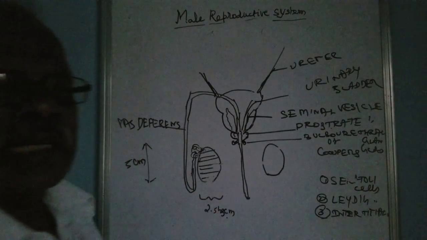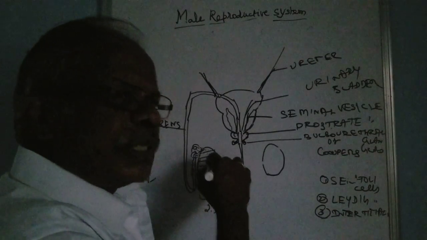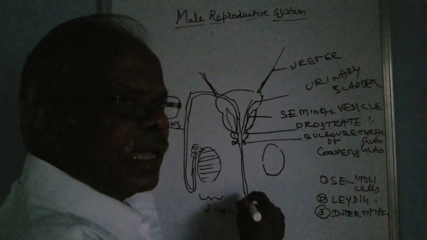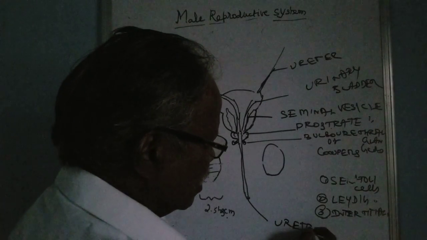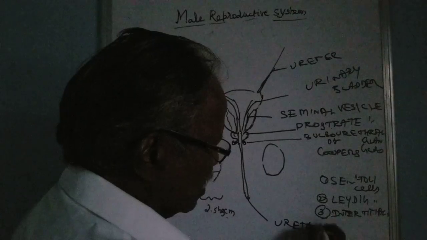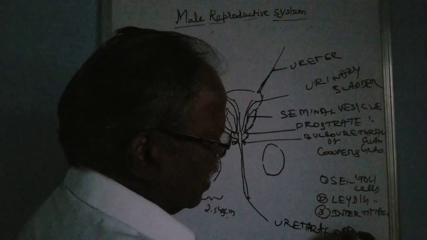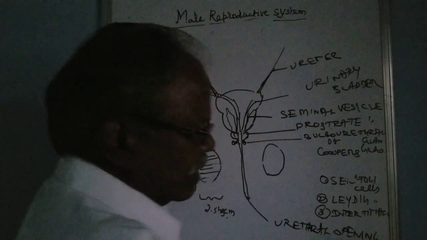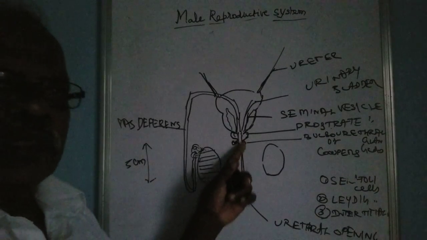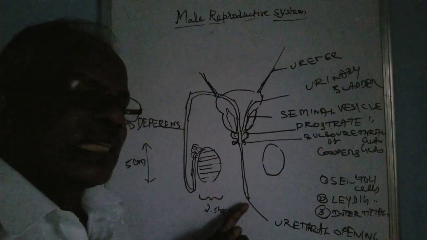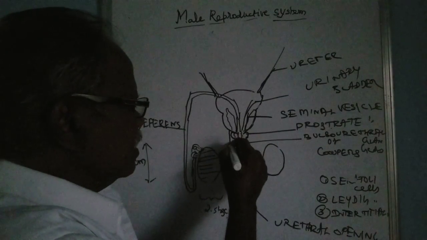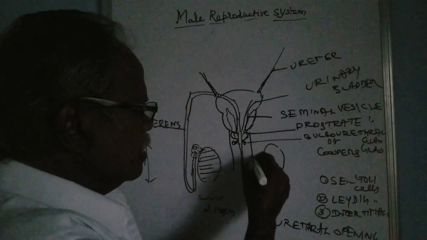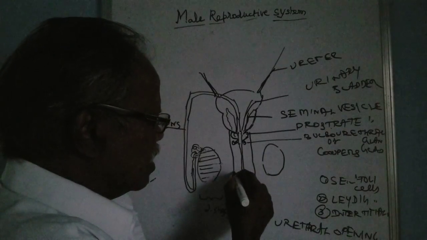And then this leads to the urethra, and then it opens out through the penis. That is called the urethral opening, meant for the urine as well as the seminal discharge. Around that, the penis starts.